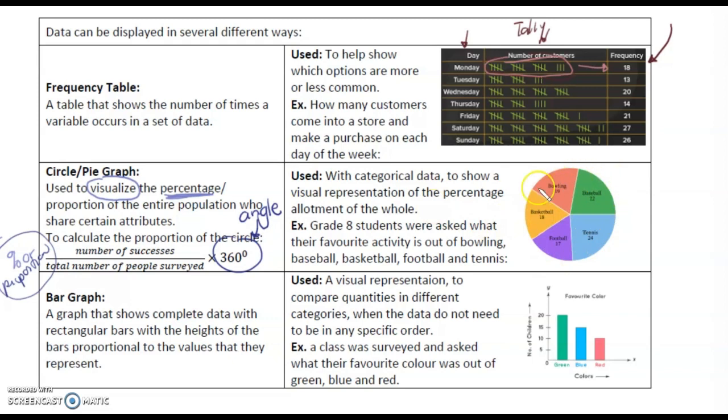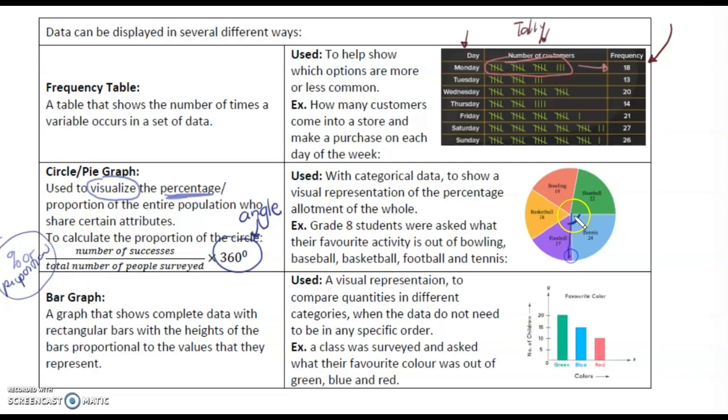Okay, so for example, on this one, grade 8 students were asked what their favorite activity is out of bowling, baseball, basketball, football, and tennis. And these are the responses. If you can see, this angle here for tennis is the biggest angle, so that's going to be the biggest proportion.